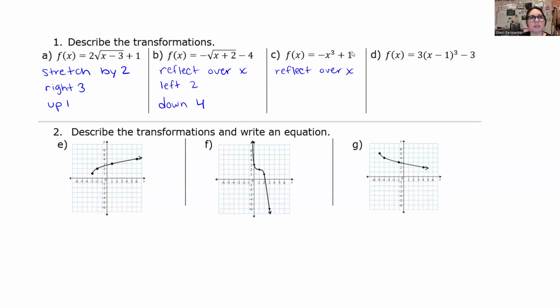What does this +1 tell me? Up 1. Good. What about the 3 out in front? What does it tell me? Stretch by 3. What next? What does this -1 tell me? Right 1 and then down 3.